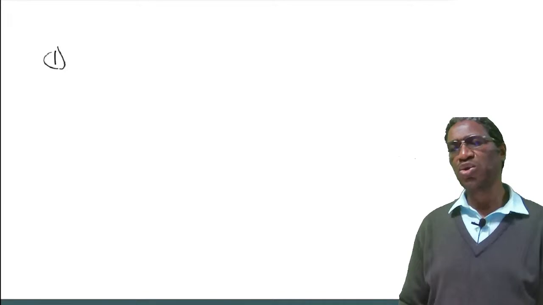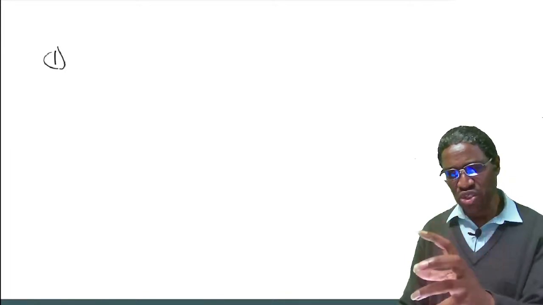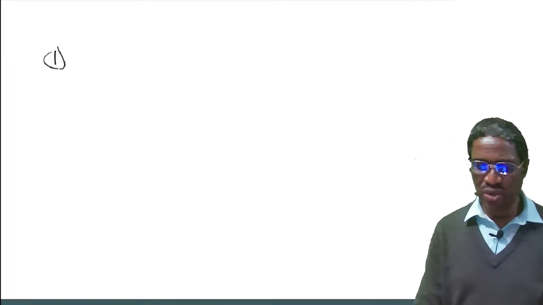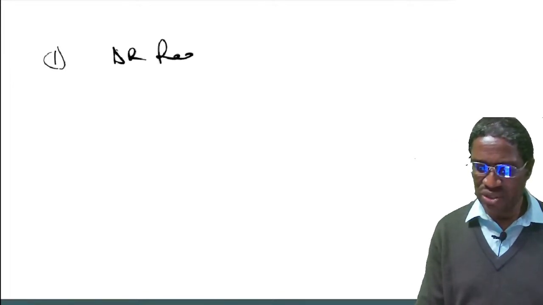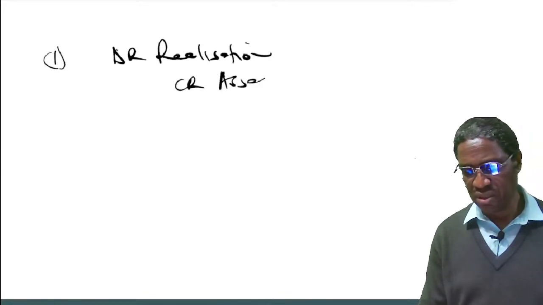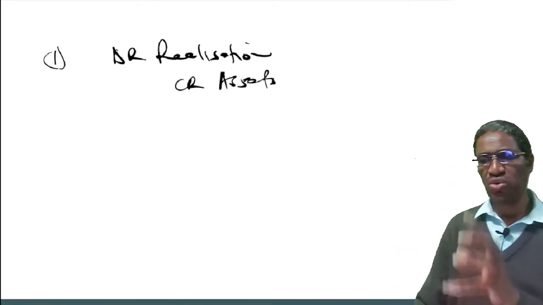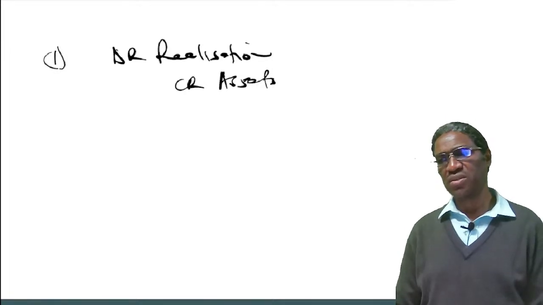So put down the double entry: debit realization, credit assets. That is the double entry.